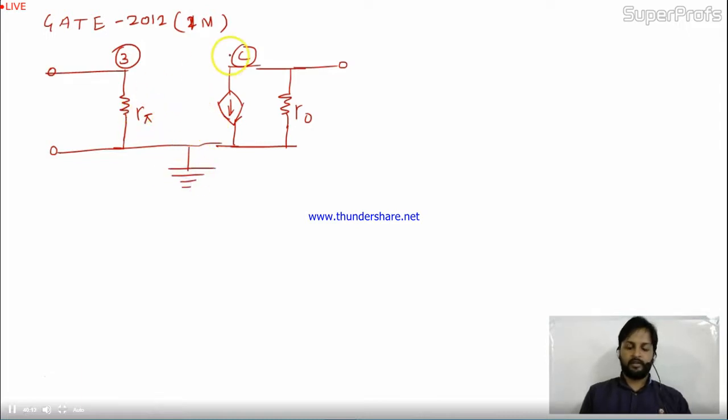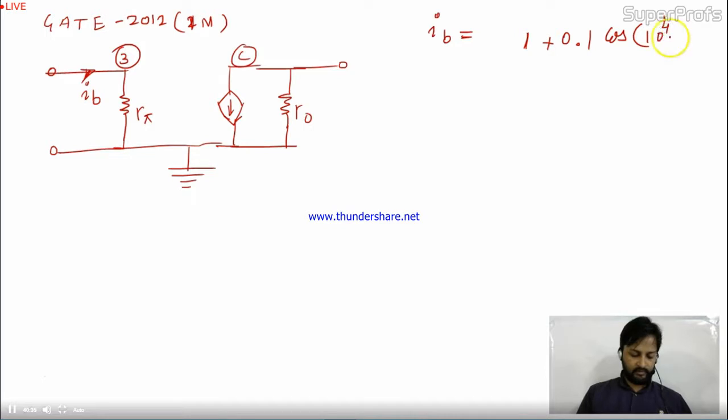Okay, R pi between B and E, and here the current is IB. The question is, the current IB through the base of a silicon NPN transistor is given as 1 plus 0.1 cos 10 to the power 4 pi t milliampere at 300 K. 300 K is the room temperature.